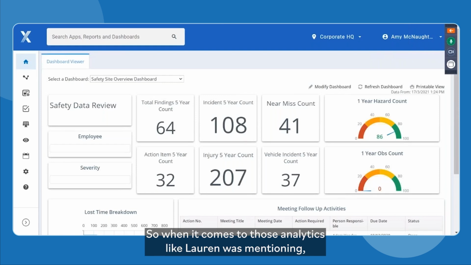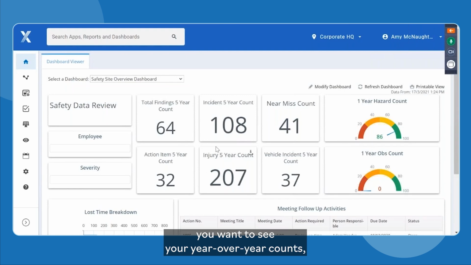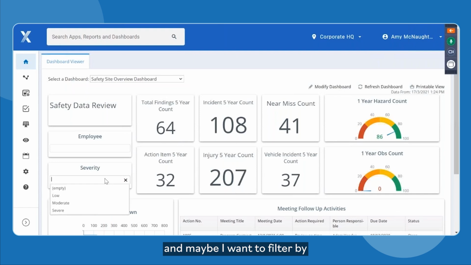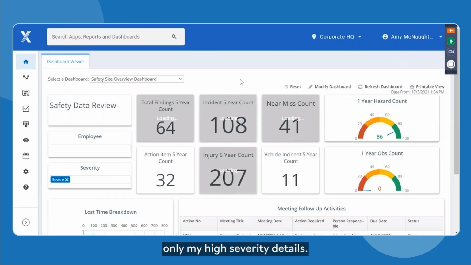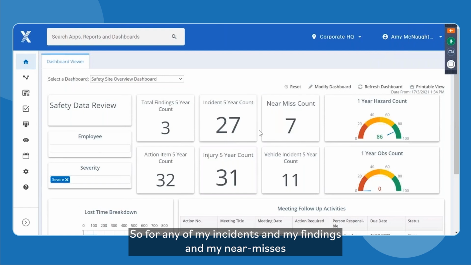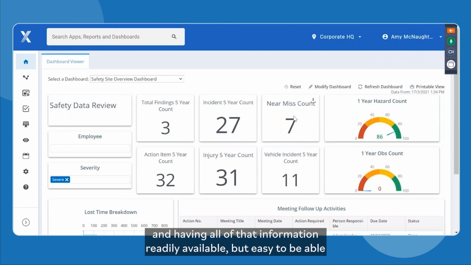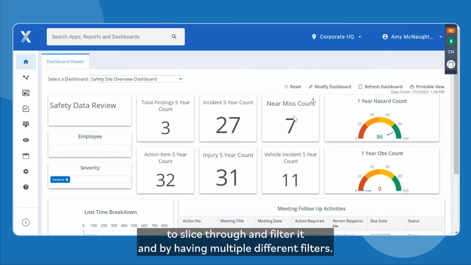So when it comes to those analytics, like Lauren was mentioning, you want to see maybe your lost time breakdown, you want to see your year over year counts, and maybe I want to filter by only my high severity details. So for any of my incidents and my findings and my near misses, having all of that information readily available, but easy to be able to slice through and filter it.